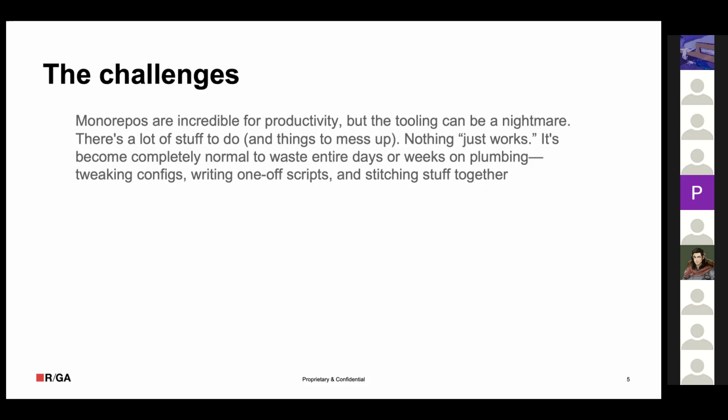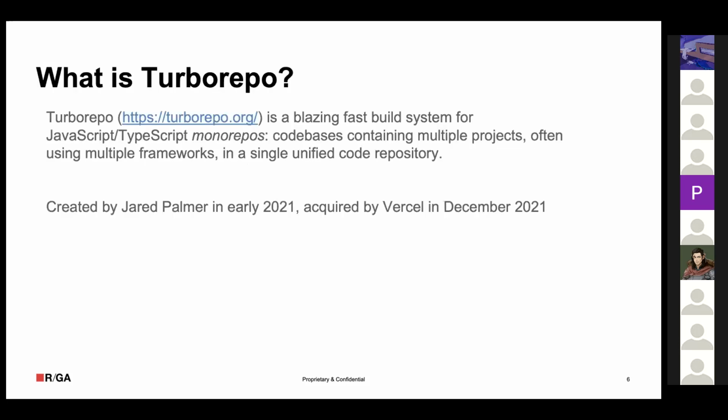Based on this problem, there's a tool called Turborepo that I want to explain to you. So what is Turborepo? Turborepo is a blazing fast build system for JavaScript or TypeScript monorepos.